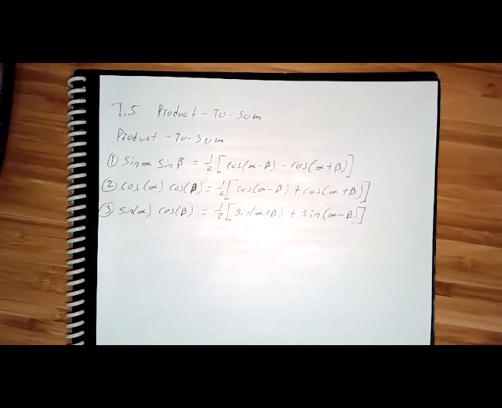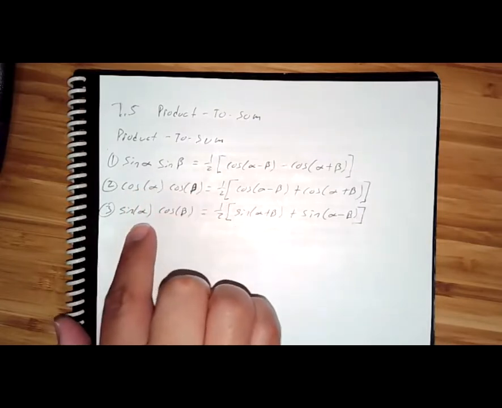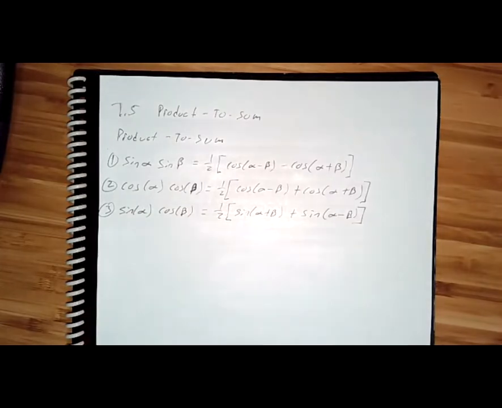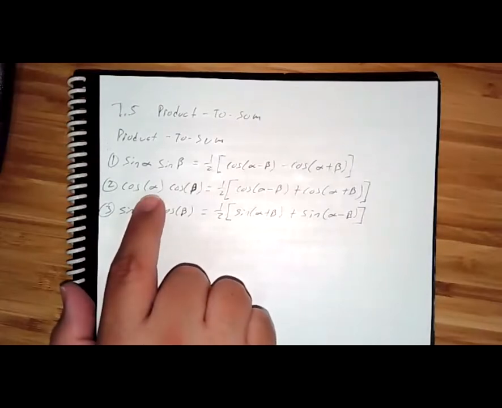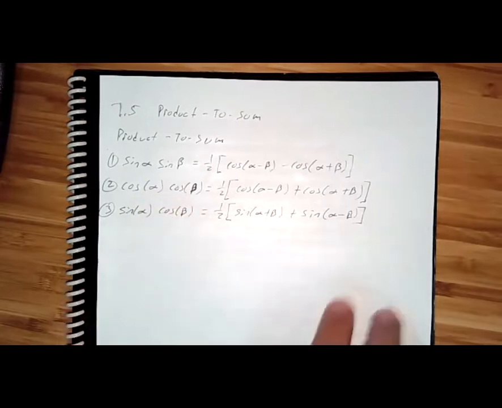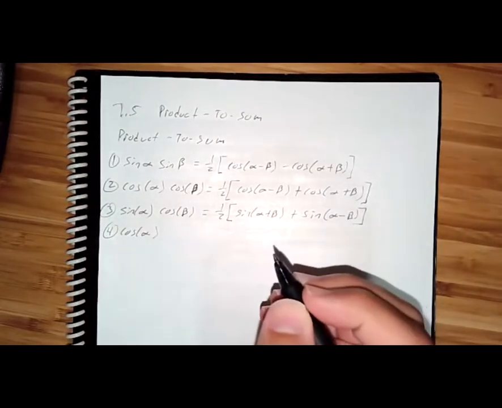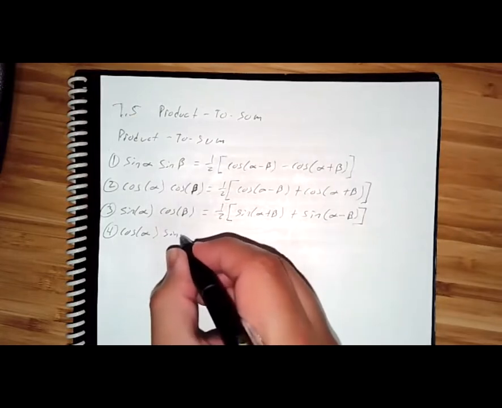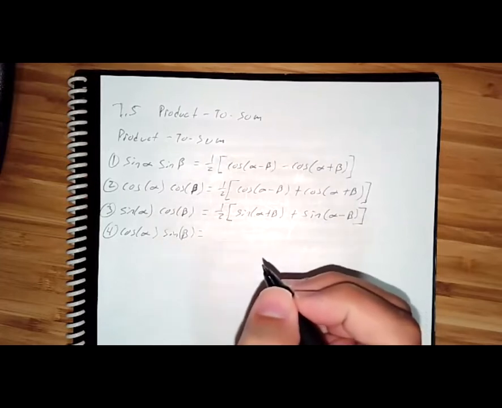Okay, so we got cosine alpha cosine beta, sine alpha sine beta, so there should be one more cosine type. Cosine alpha sine beta.